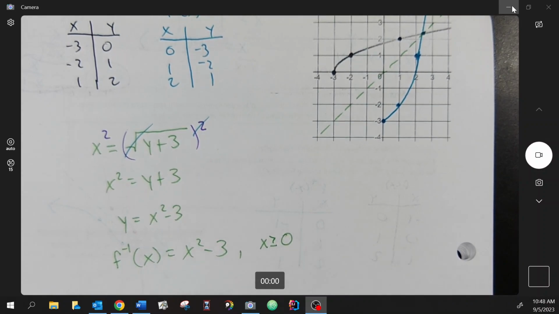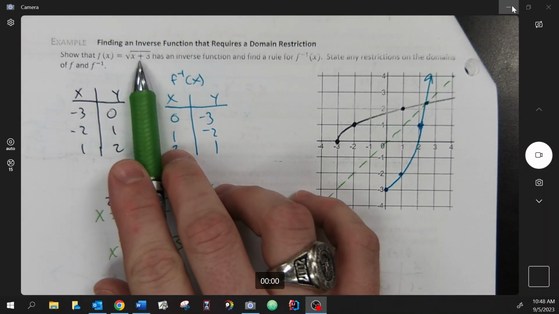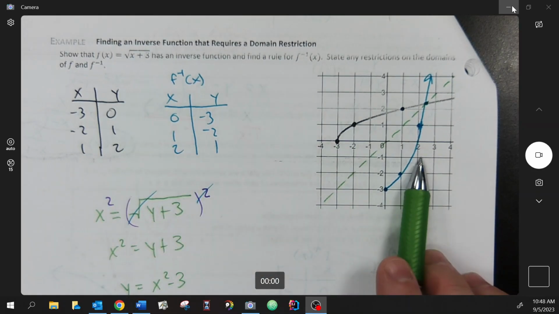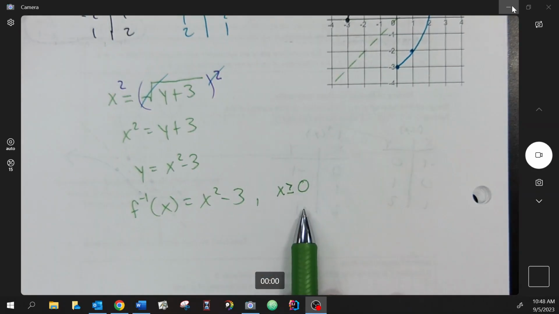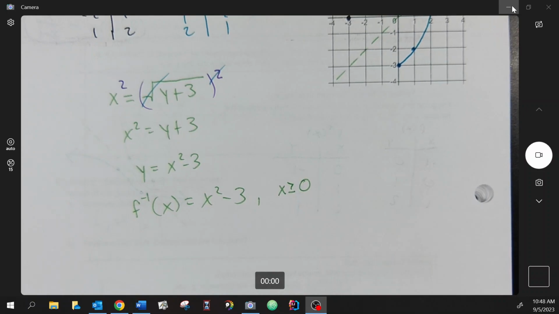So the question becomes, how would I have known that this was the domain of this thing's inverse without graphing? The point of the graph was for you to believe that this had to be done. But how could we pull this off without graphing? It works like this.